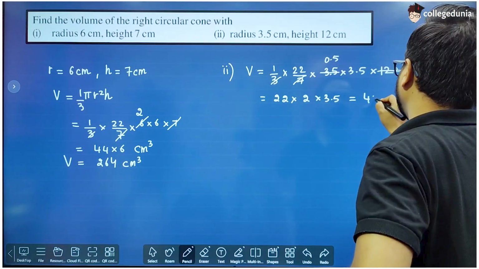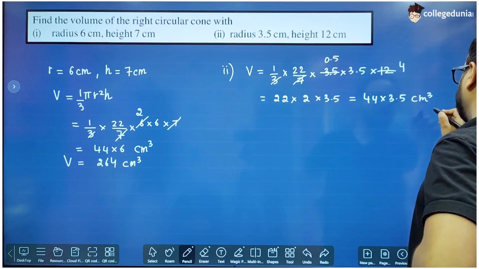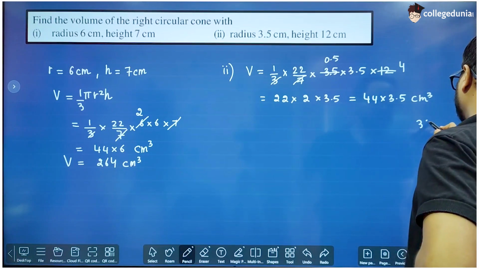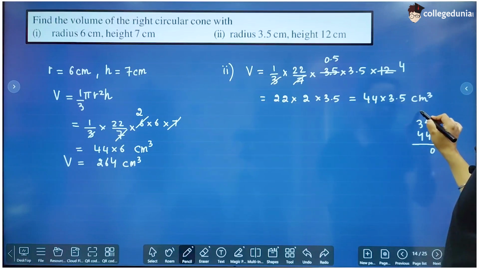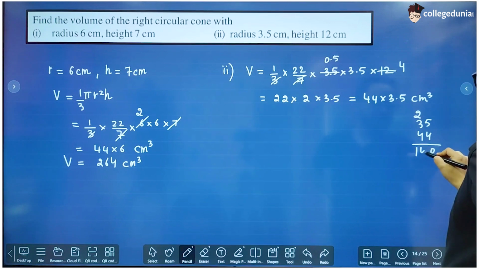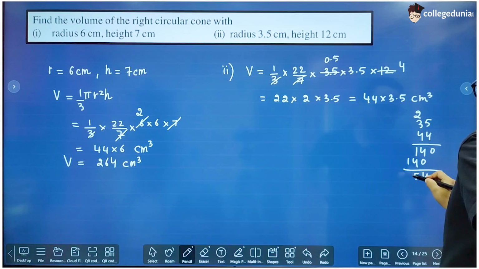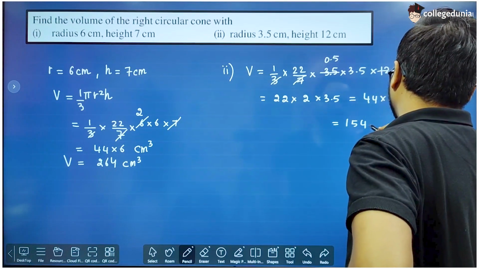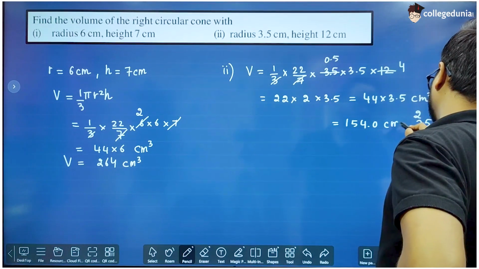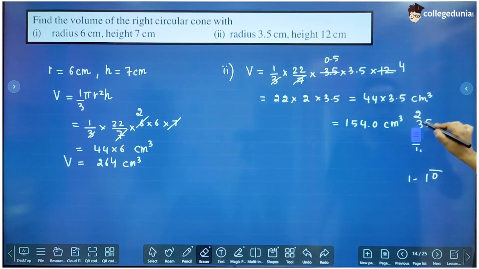So it is 44 into 3.5 centimeter cube, which is 154 centimeter cube. That is the volume.